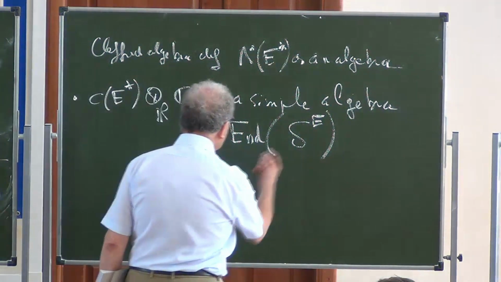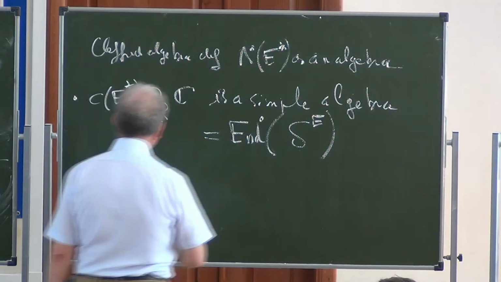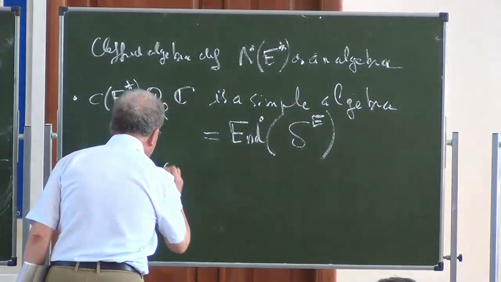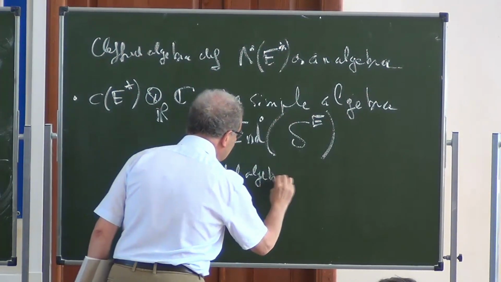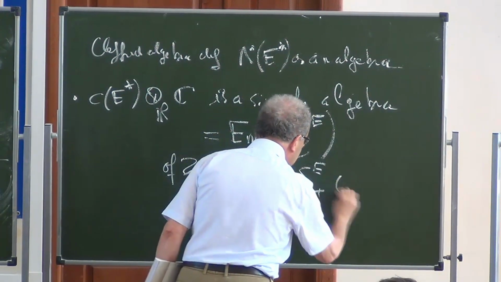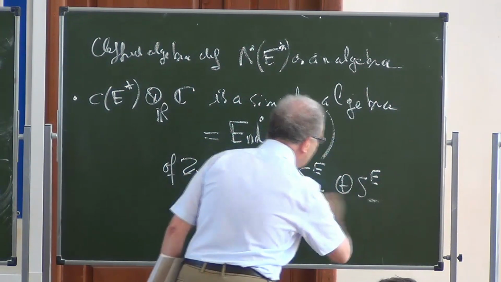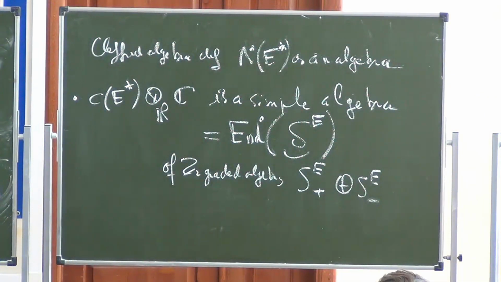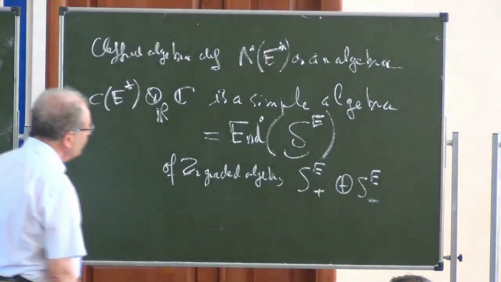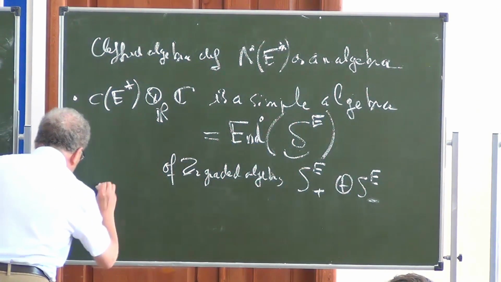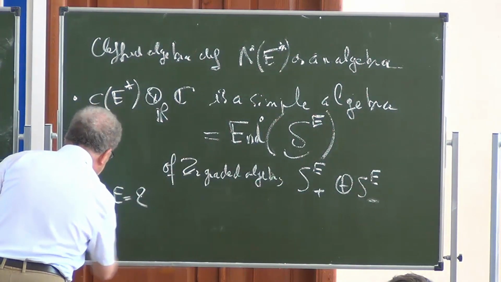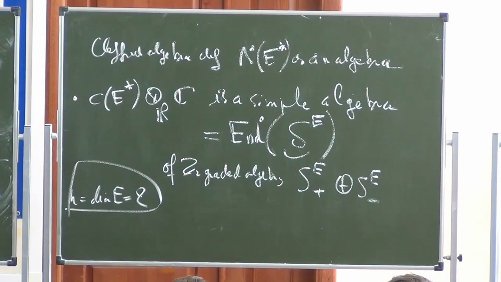This is an endomorphism of Z2-graded algebras, in the sense that S_E itself splits as S+ plus S−. All this is not difficult to prove: you just do this for dimension n = dim E = 2, and then by tensor product it is very easy to see this.